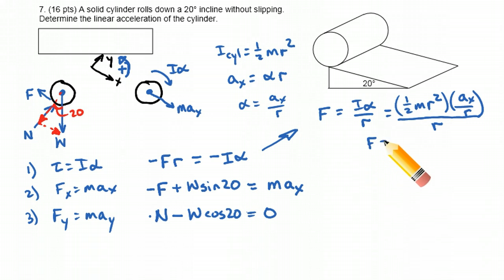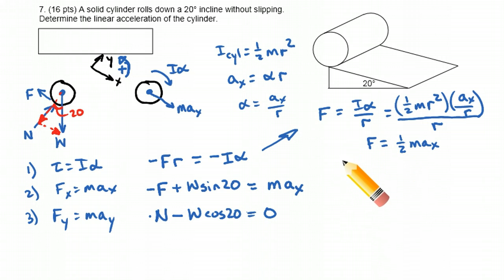So it turns out the friction force, looks like the r's will cancel. It's just going to be 1/2 mass times acceleration in x. That's the friction force it would take to roll without slipping.